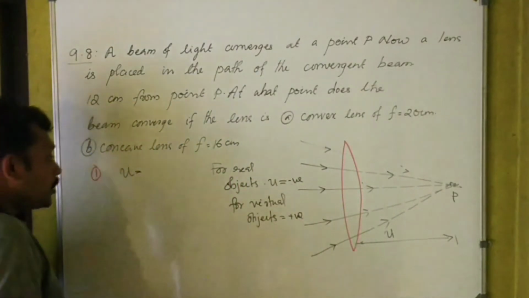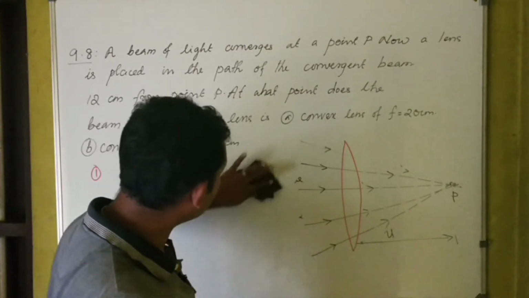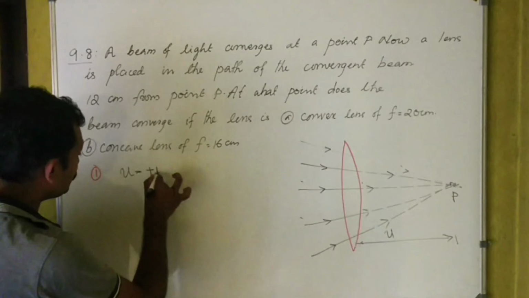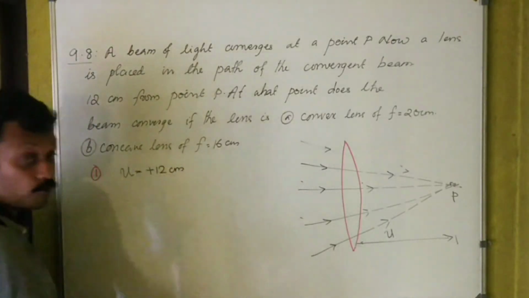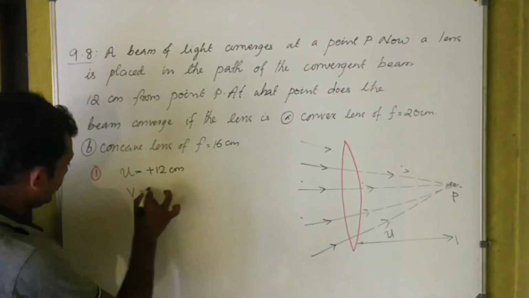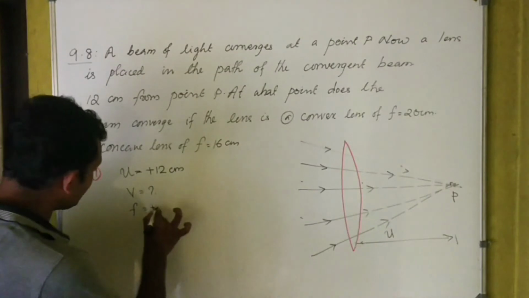So here I have to take U as positive, because in this case I am measuring U in the direction of the incident ray. So I will take U is equal to plus 12 centimeter. I need to find out V. I have the focal length F given as plus 20 centimeter.